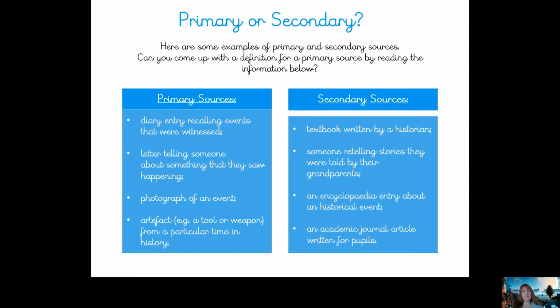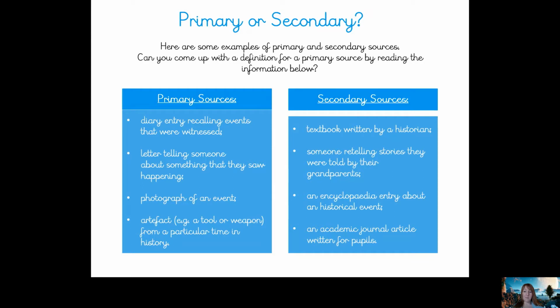Well, here are some examples of secondary sources. So a textbook written by a historian, that would be a secondary source. Someone retelling stories they were told by their grandparents, so the stories that are told over and over again, that would be a secondary source. An encyclopedia entry about a historical event. So something written down about the historical event.